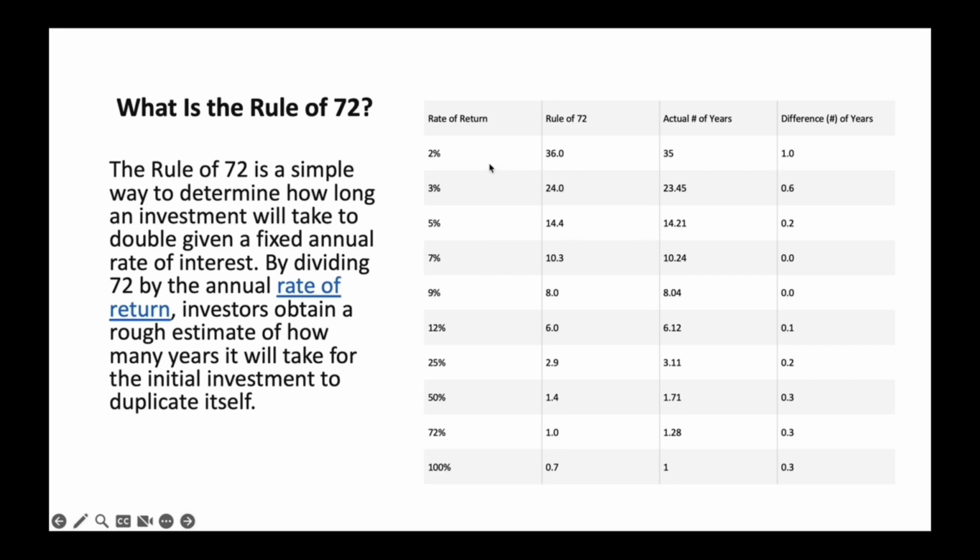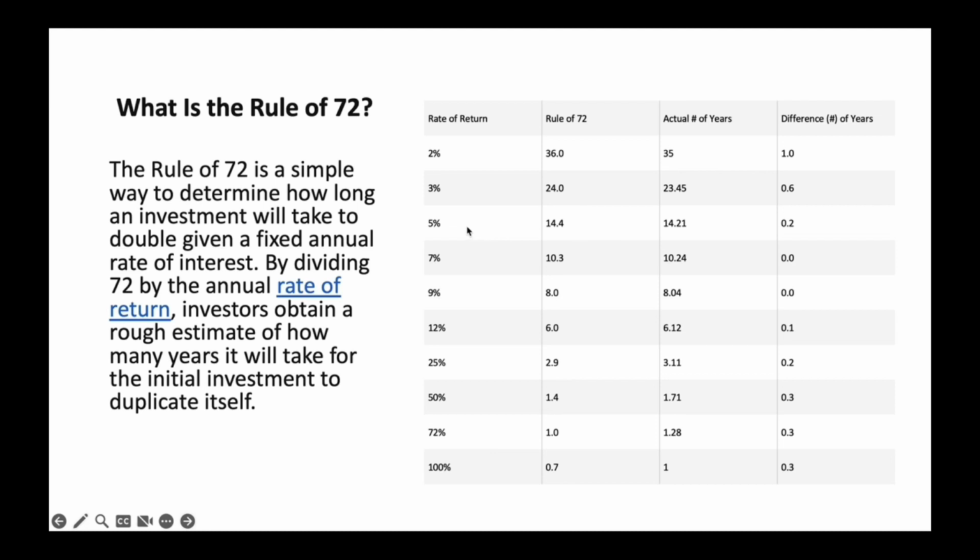So if you had a 2% return on your investment, it would take 36 years for you to pretty much double your investment, okay? If you had a 3% return, it would take 24 years. And what we're doing, we're dividing 72 by 2%, we're dividing 72 by 3%, that'll give you 24.